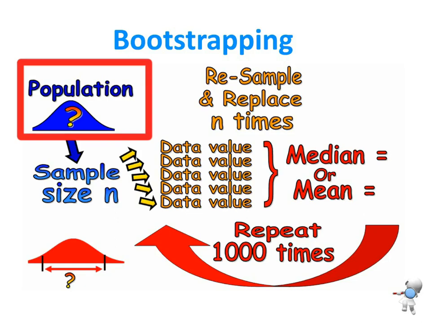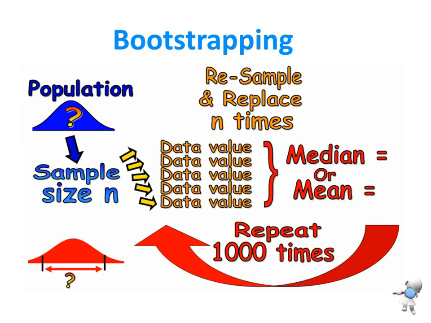I can't measure the whole population, so instead I take a sample of size n. Once I've got that sample, I find its mean or median, and I find the difference between the medians. So I do one median minus the other median.